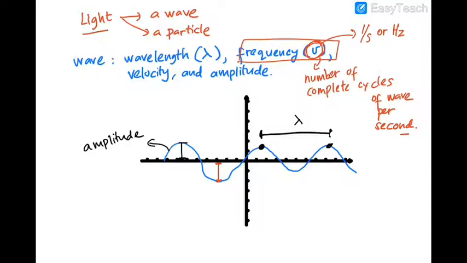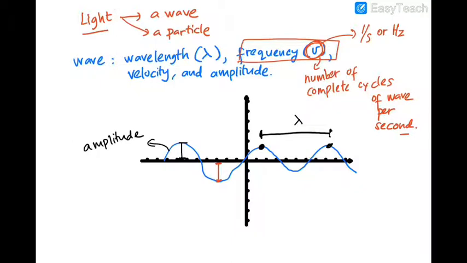Now, frequency and wavelength are not independent of one another. So there is a correlation between frequency and wavelength. To understand this, we also have another parameter called the velocity, which is the speed of light.